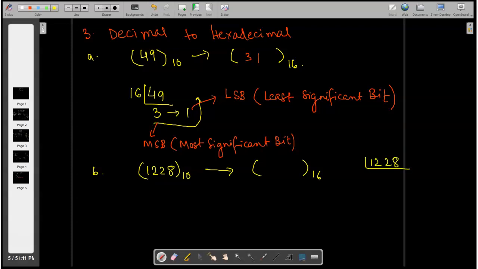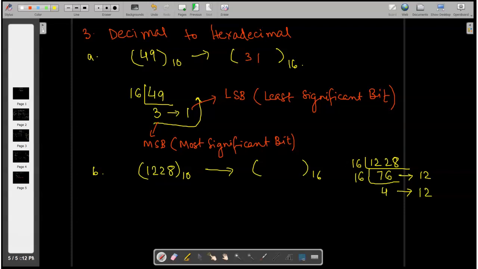If we divide it by 16, 76 will give us a remainder of 12. Please try to do it on your own. If you do the calculations, that's important. Again, you'll get a remainder of 12.